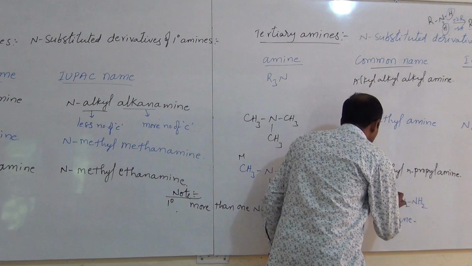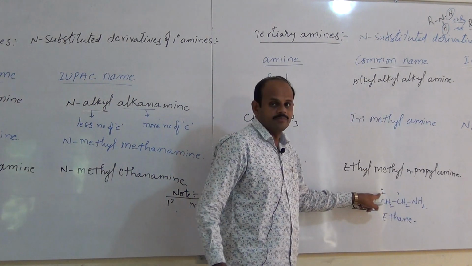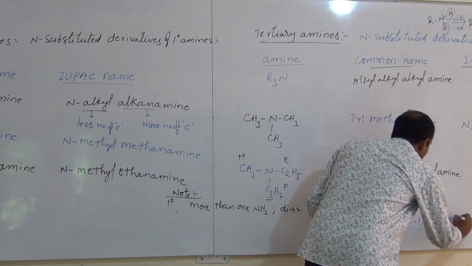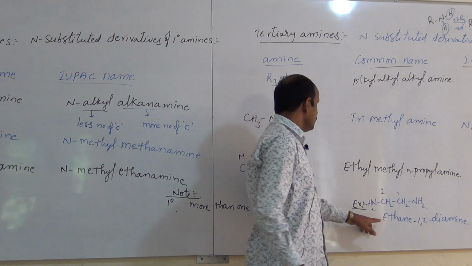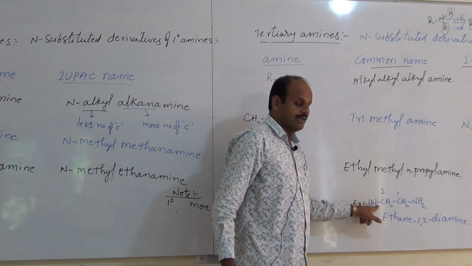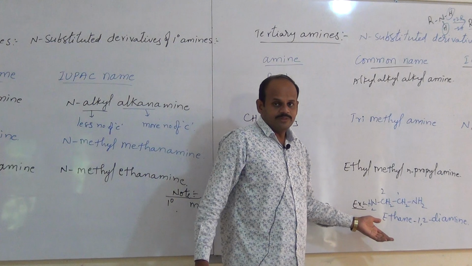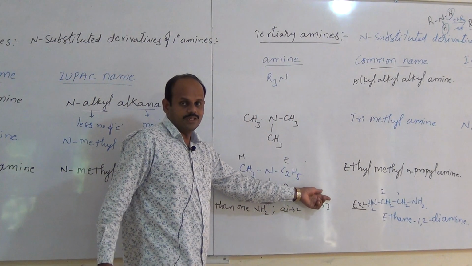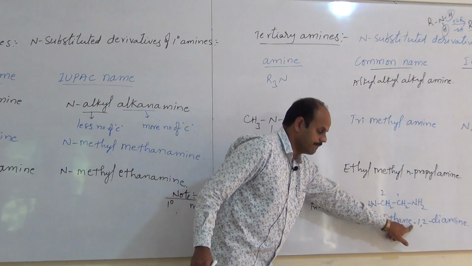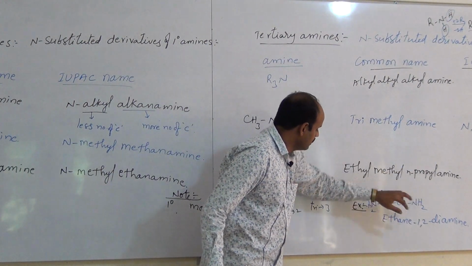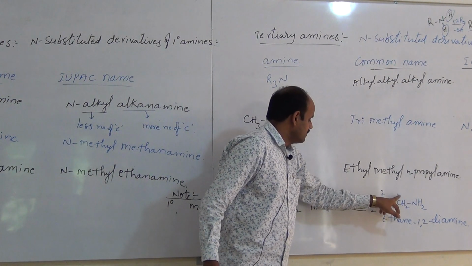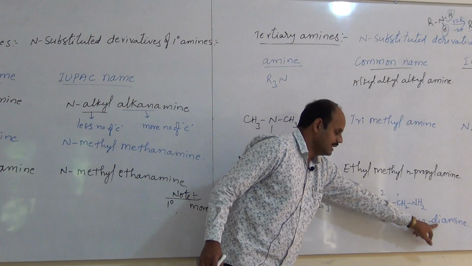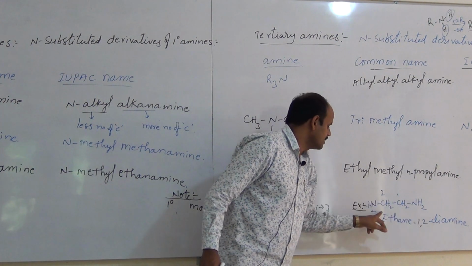On which carbon atoms? On the first carbon and the second carbon, hence 1,2-diamine is the IUPAC name: ethane-1,2-diamine. When more than one NH2 group is present, use prefixes like di, tri, tetra, and so on, and don't remove the E. Two carbons, thus ethane. NH2 groups are on the first and second carbon atoms, hence 1,2. Two NH2 means di, and NH2 groups mean amine.